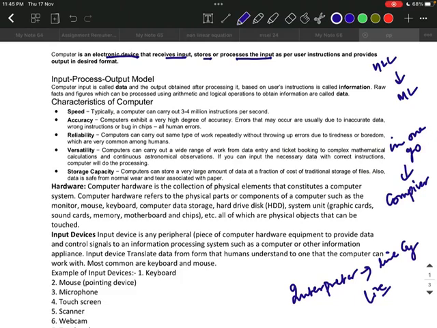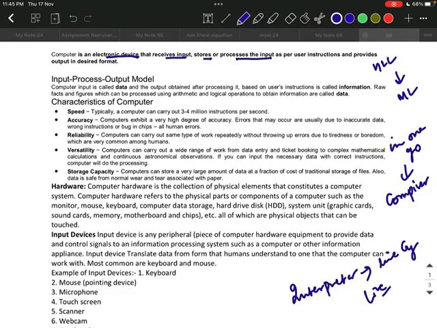Then there is something known as the input process output model. हम कंप्यूटर को या फिर CPU को input process output model भी बोलते हैं, because it follows this input process output model. Computer input is known as data, and the output obtained after processing it based on the user's instruction, जिसको हम information बोलते हैं.